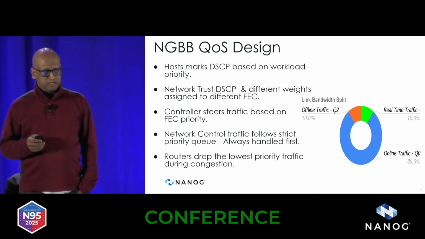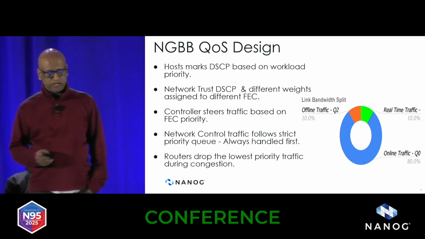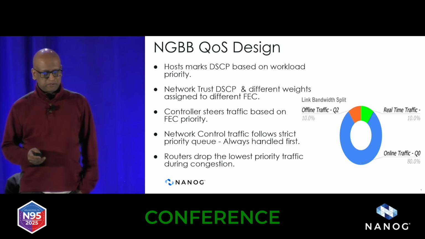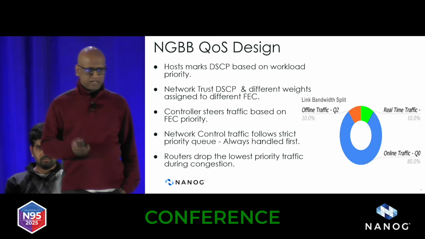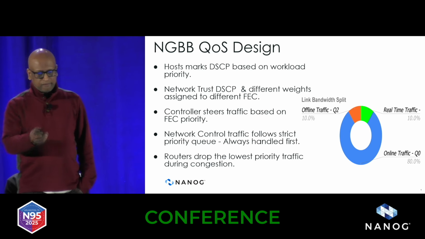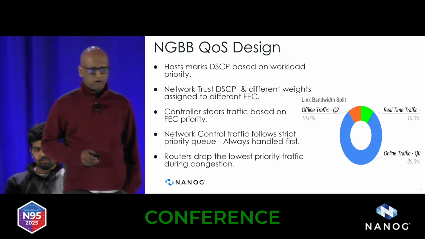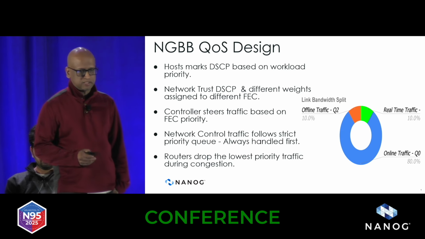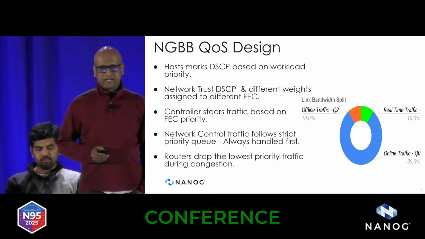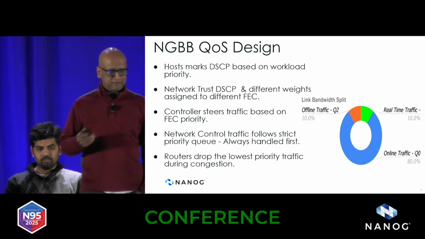We have the same thing: a priority queue scheduled first, and then weighted fair queuing with different weights. Real-time has 10%, online has 80%, and offline has 10%. Offline is nothing but the bursty traffic. So if the online traffic doesn't use the 80%, the offline bursty traffic can use it. This prevents critical traffic from getting choked or dropped because of unplanned events.